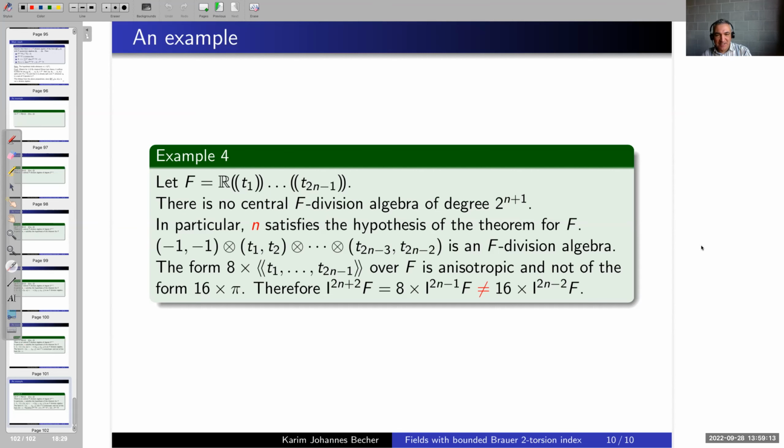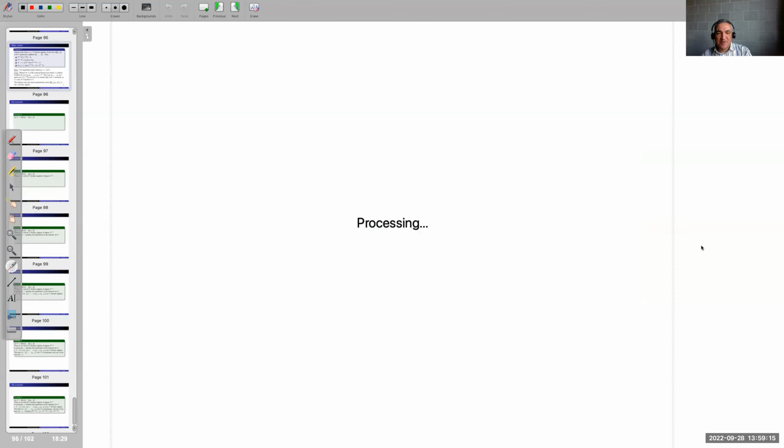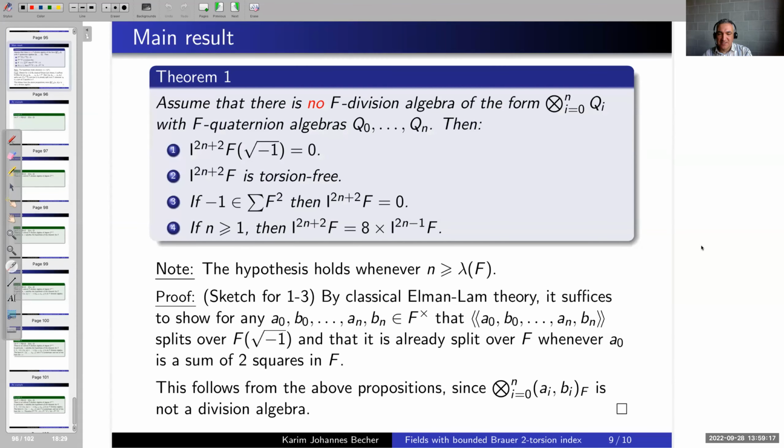Please finish your sentence. It brought me to something I still wanted to say. In fact, the whole theorem here is new, I guess, except for n equals 1, now I should be careful since I start with 0.